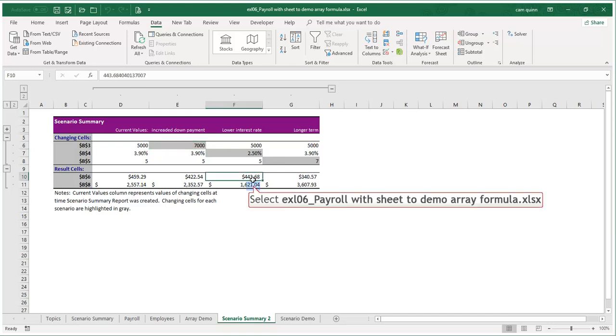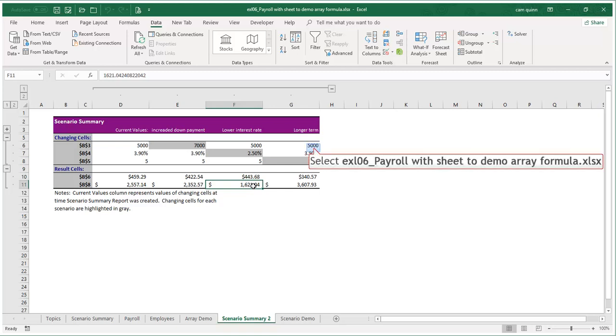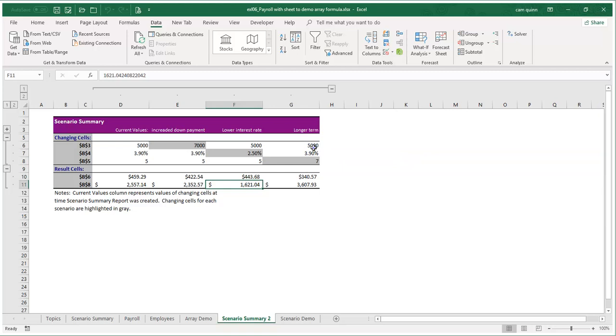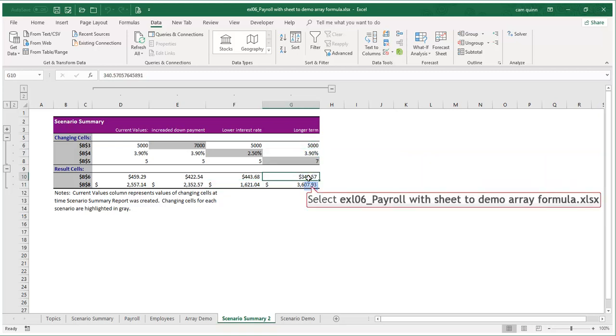And if I go to a 7-year term at the original 3.9%, then my payment drops from $459 to $340, but my total interest goes from $2,500 to $3,600. So I pay $1,000 more in interest.